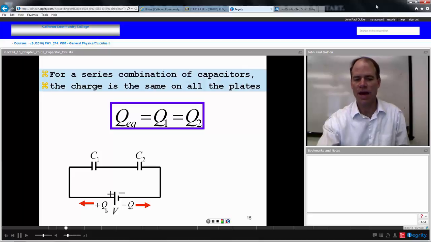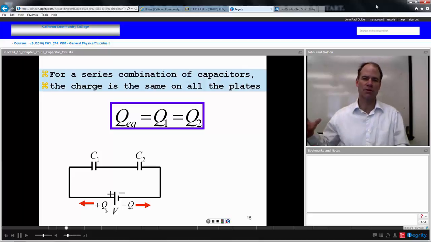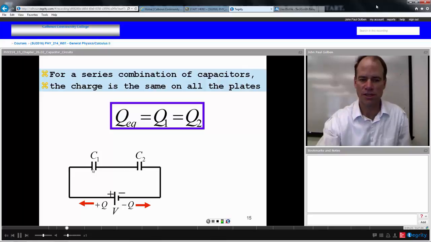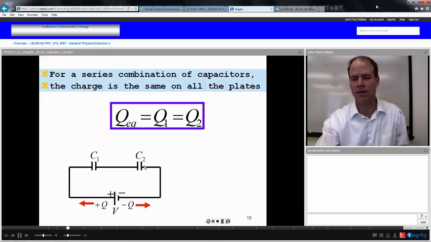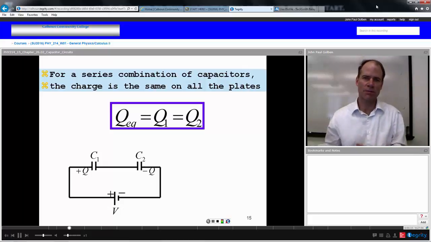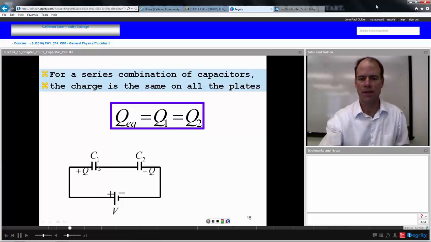We want to find an equivalent circuit that represents that. Now out of the battery, we're going to have a positive Q come out and charge the left-hand side of C1, and negative Q come out and charge the right-hand side of C2. As they do that, they will induce an opposite charge on the other plate. And so I'll have a negative Q on the right-hand side of C1 and a positive Q on the left-hand side of C2.